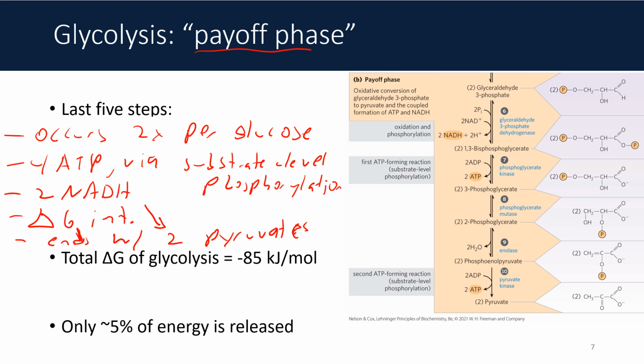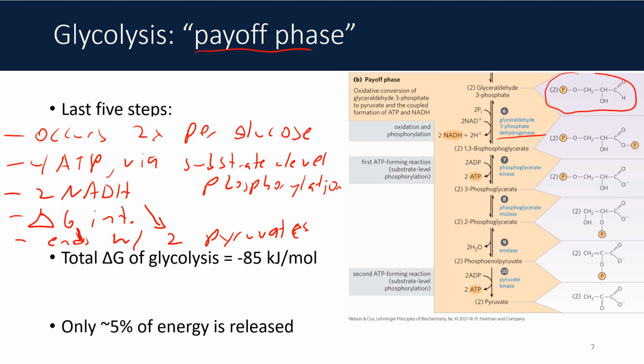Let's talk you through these steps in a little bit more detail now. We will begin again with 2 equivalents of G3P, glyceraldehyde 3-phosphate, a very high energy phosphotriose. We will then hit it with glyceraldehyde 3-phosphate dehydrogenase. A dehydrogenase enzyme removes hydride. It extracts energy from the molecule, okay?